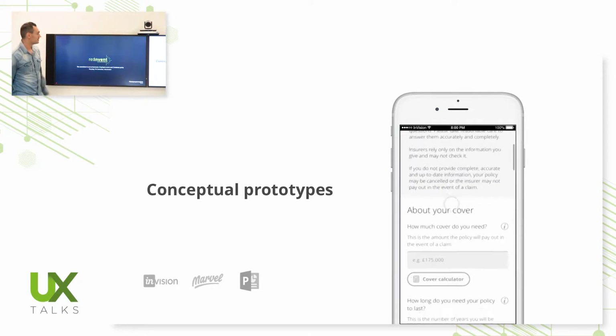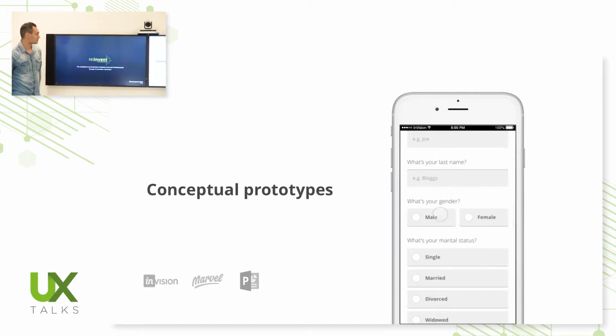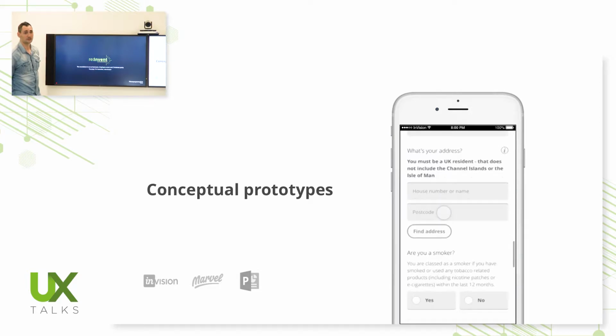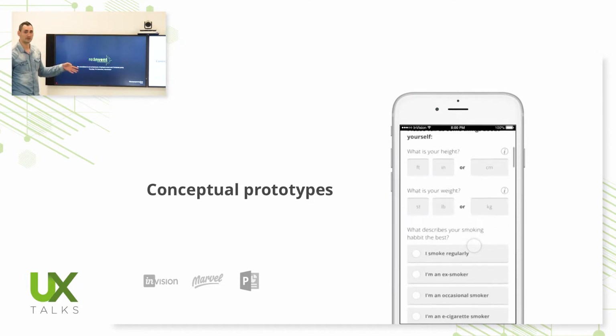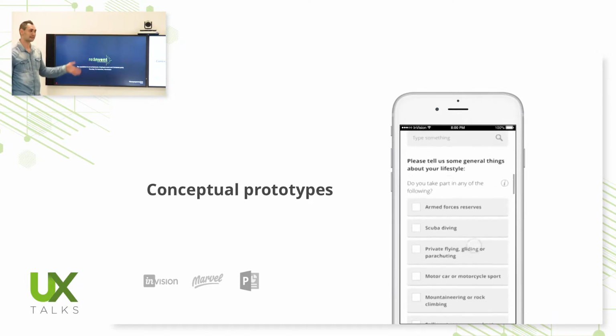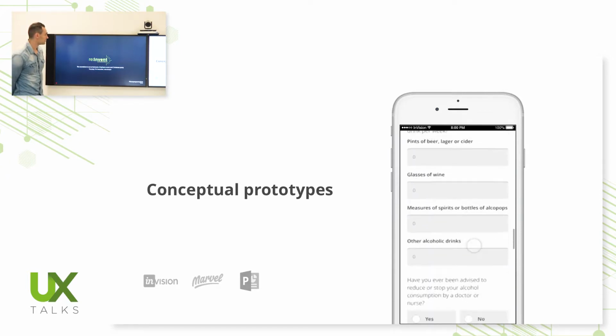We created this prototype to present the new life insurance buy now journey. What you see there is just a static screen that shows the first step of the question set. You can't really click on the buttons, and you can't enter anything into the fields. You can just link these steps together and get to the next step of the journey.